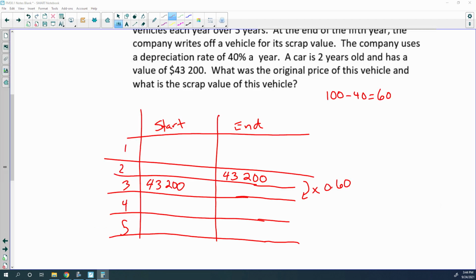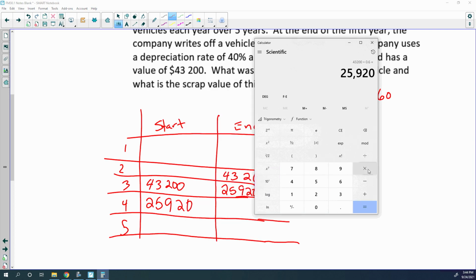So I'm going to write that down, 25,920. And that'll be the start of the 4th year. And then I'm going to multiply by the 0.60 again. Now it's 15,552.